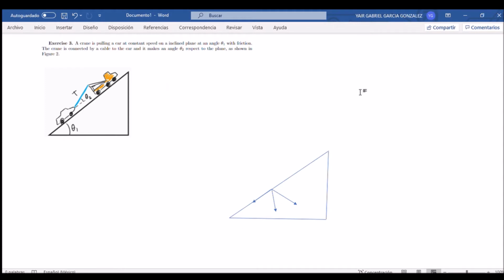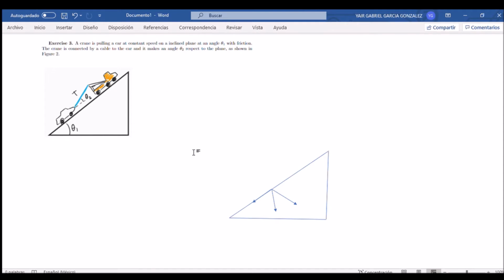Now we find the normal force. What is the normal force? This is the response of the surface you are on to the weight. And on an inclined surface, the normal force is equal to the force pushing on the surface but in the opposite direction.